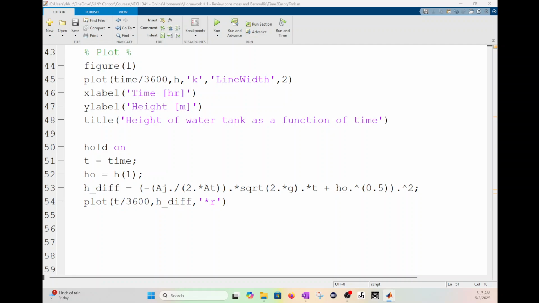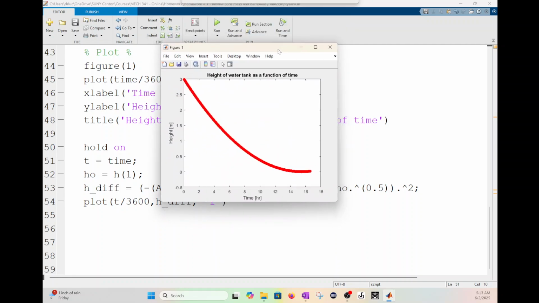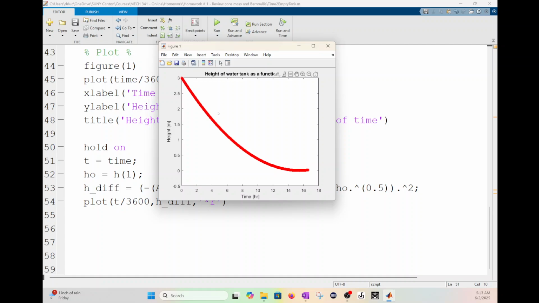Let me show you the graph. Once you plot it, they line right up with each other. So if my theoretical and my numerical method are both getting the same answers, then I'm probably pretty accurate in my solution.